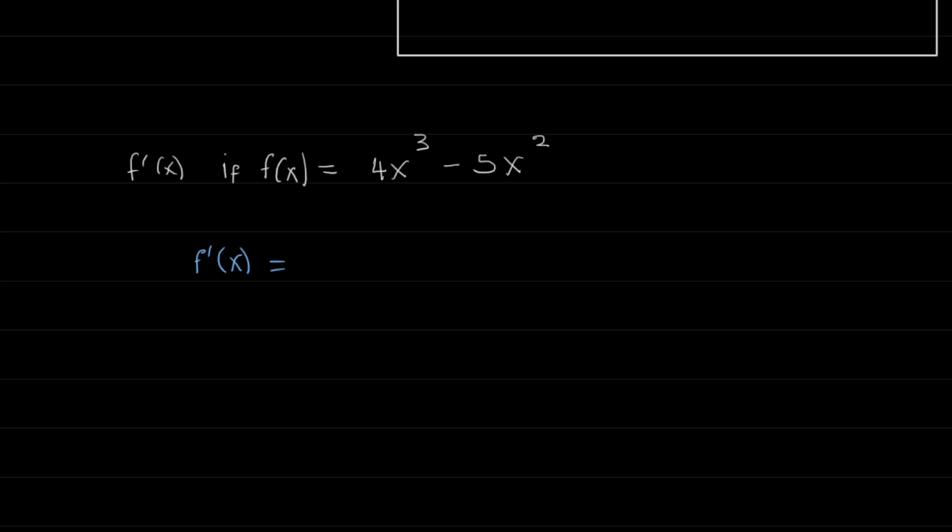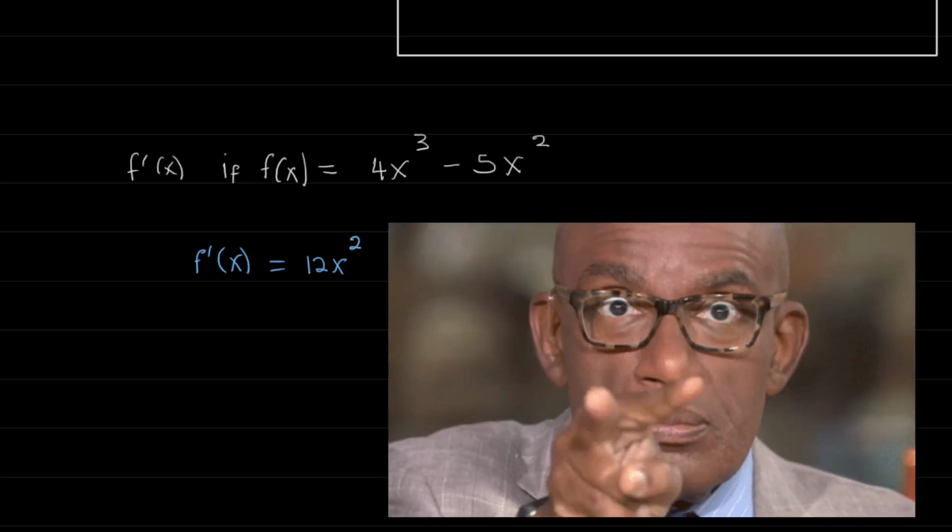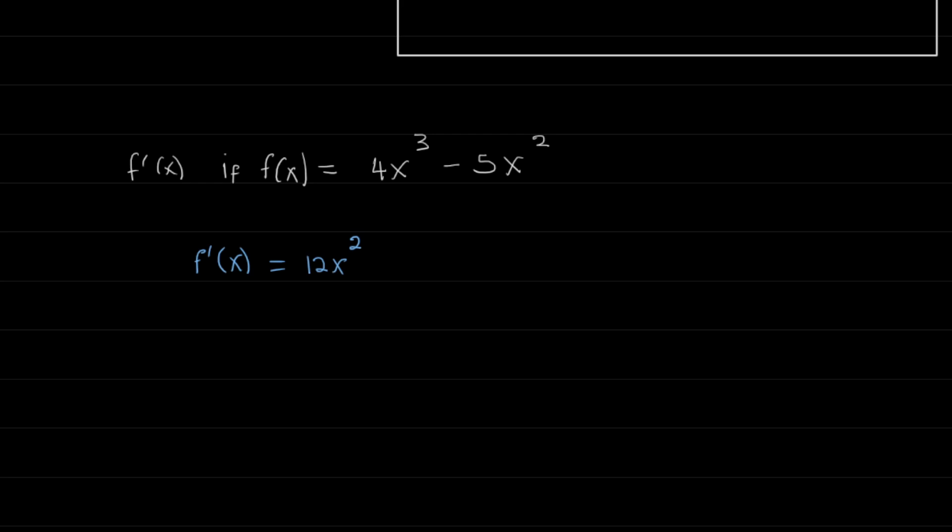Let's derive. It's going to be 3 times 4, that is 12. You take your x back, and then it's going to be 3 minus 1. Remember that n minus 1. So it's going to be 2. I hope you understand. We have negative 5 multiplied by 2. Right? So it's going to be negative 10.